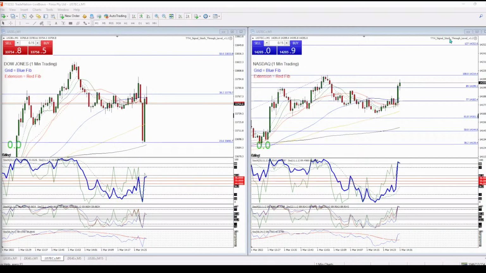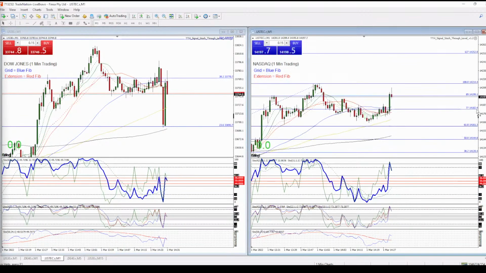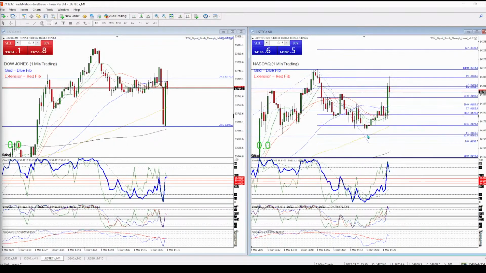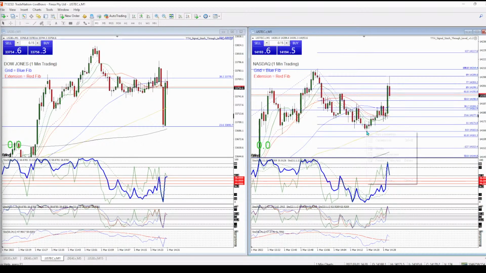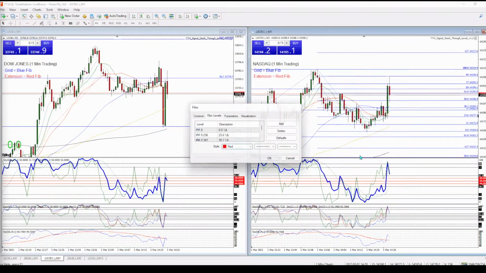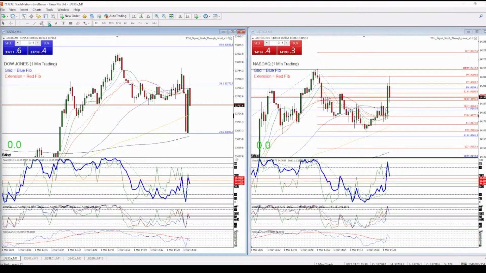To see if we're going to have to trail this, we can put an extension fib on US Tech. Perfect 89% retracement. Also on the Dow.